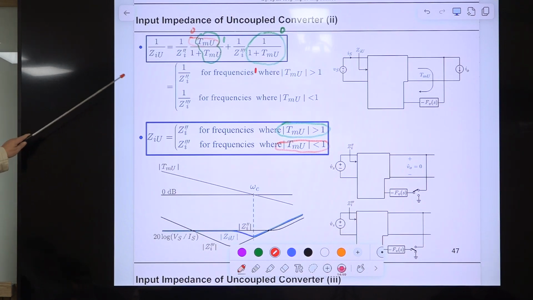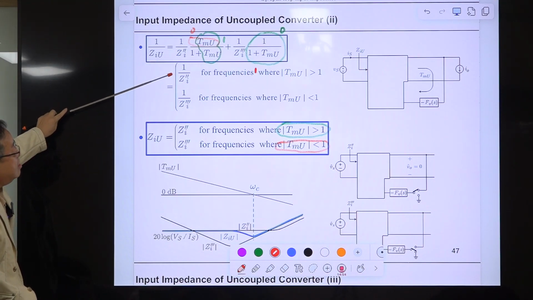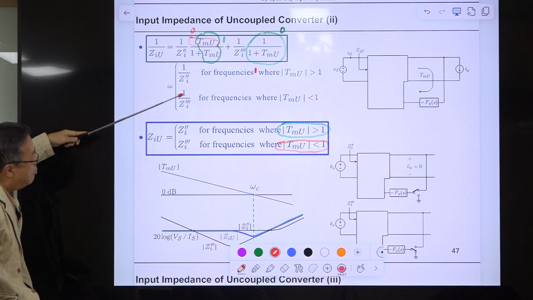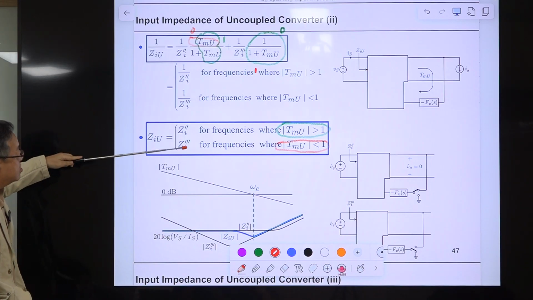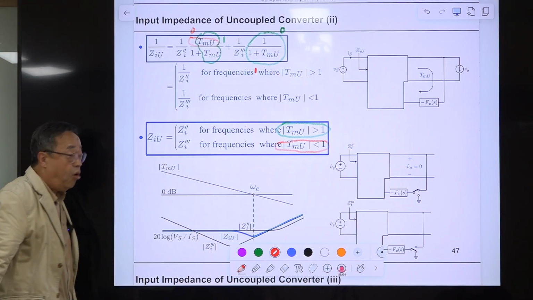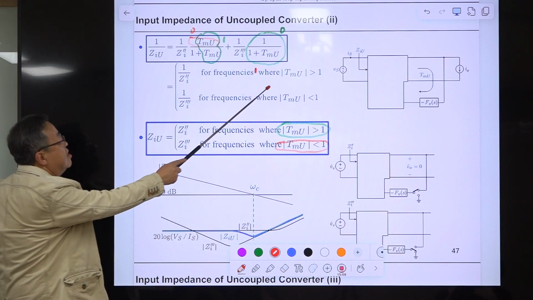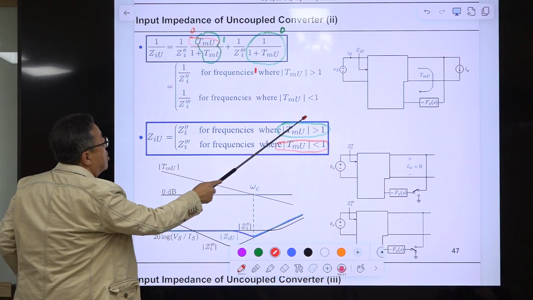So we have this expression, very, very complex, but somehow we apply the asymptotic analysis to it. T_MU is the loop gain of the uncoupled converter, and it is either larger than 1 or smaller than 1.